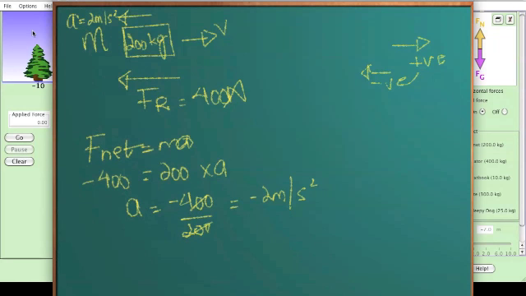Now if I want to find out the velocity that it had attained at the point when I stopped applying the force, the initial velocity when I stopped applying the force, let's say I know this initial velocity.